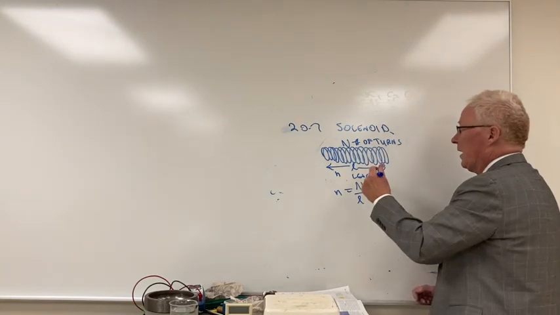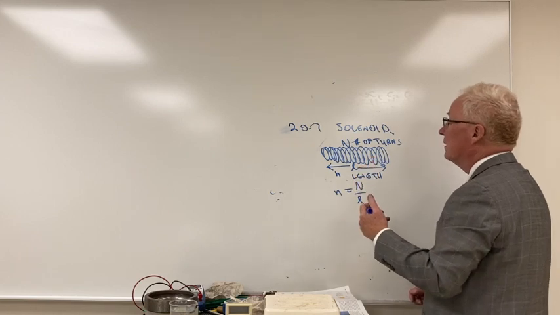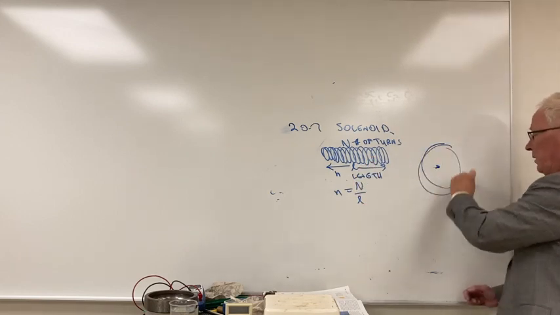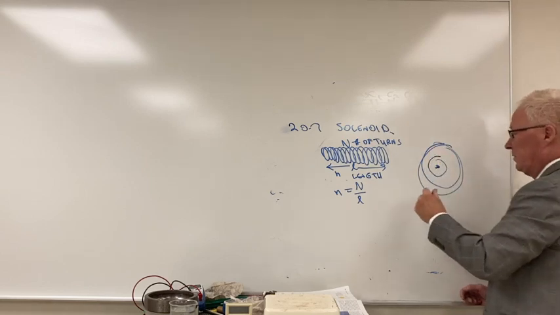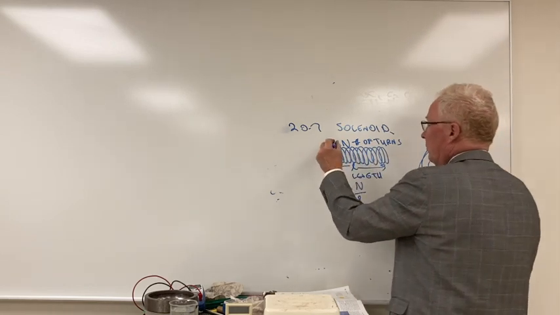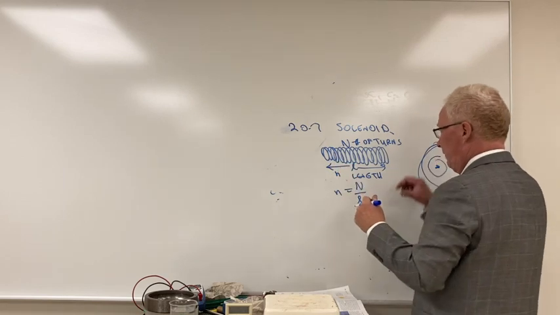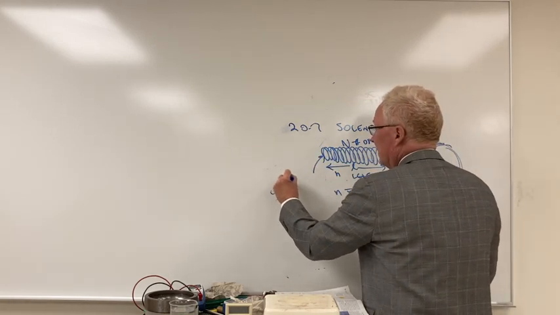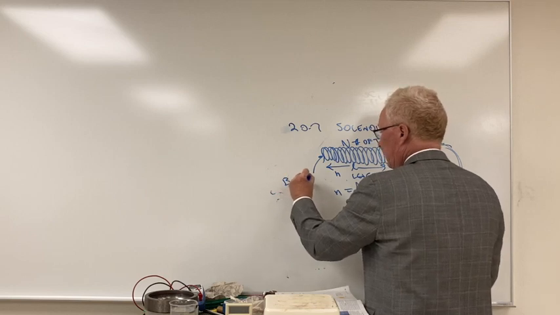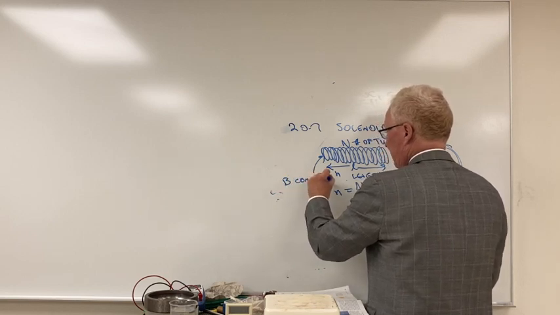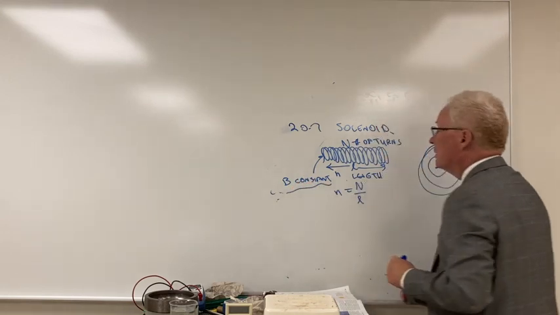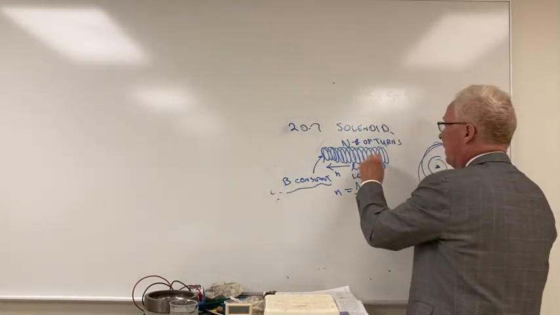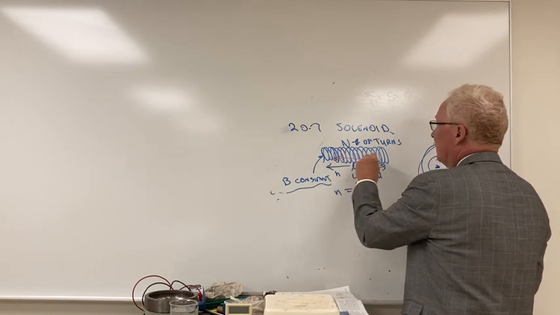Again, for a wire, the magnetic field loops around. But in a solenoid, the magnetic field inside a long one is constant. As long as you're inside the solenoid, it'll be constant and parallel to the axis.